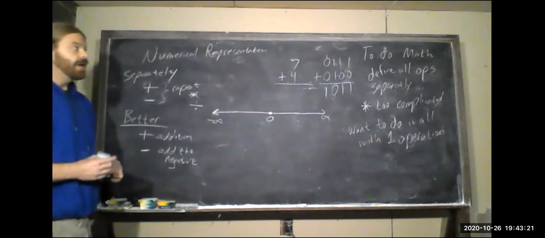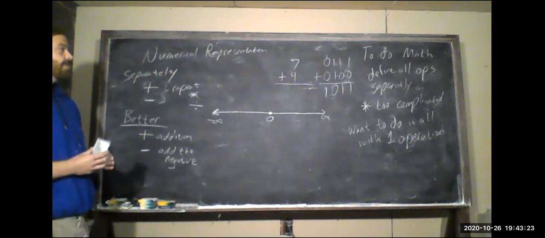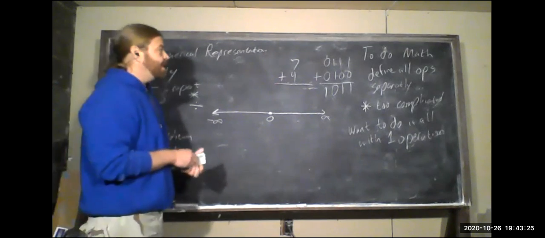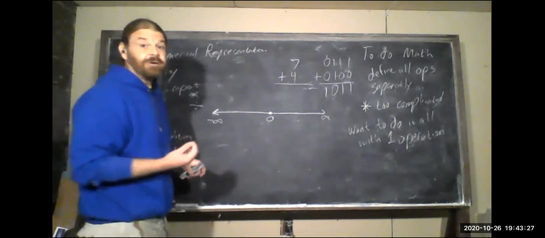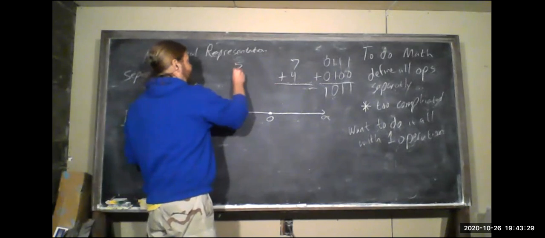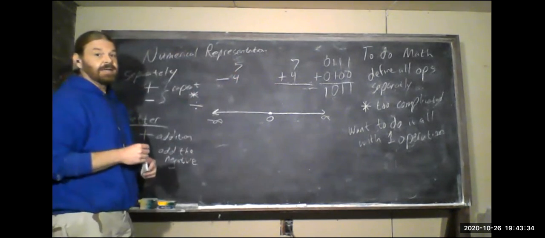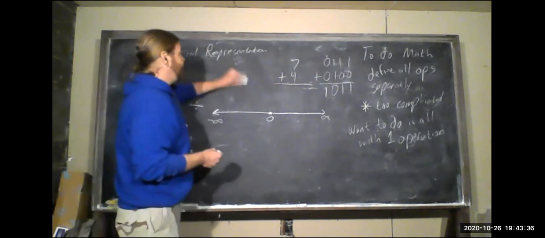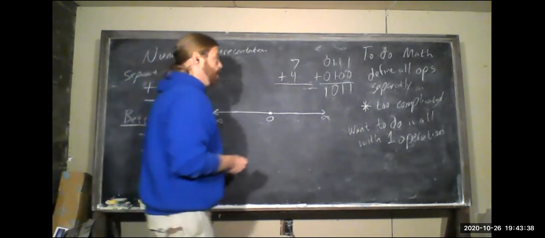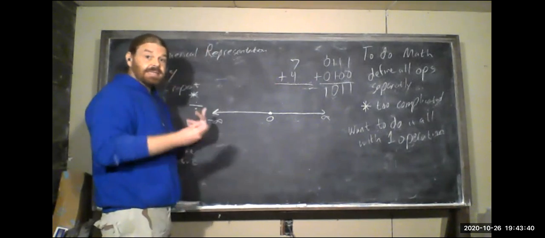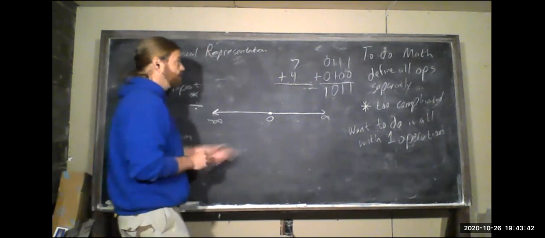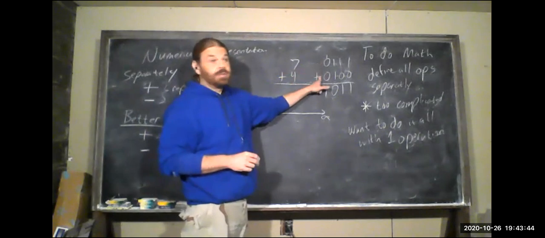Doing that in binary, well, in base 10, we just add a symbol in, right? If we wanted 7 and subtract 4, we just add the negative symbol in. So our first instinct in binary might be to try and do that. Just add a symbol in, which would be another one of our symbols.